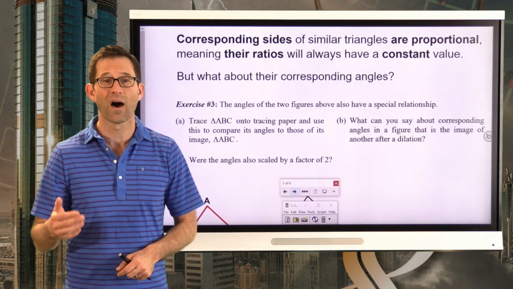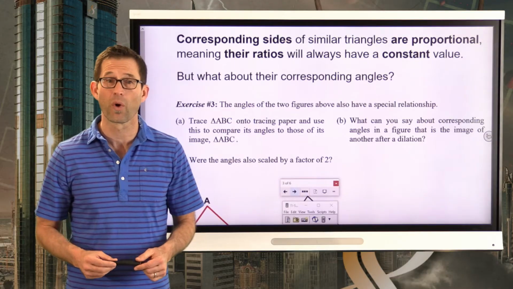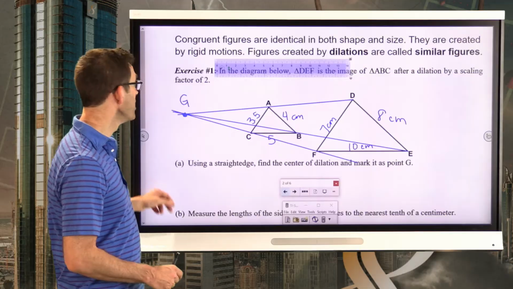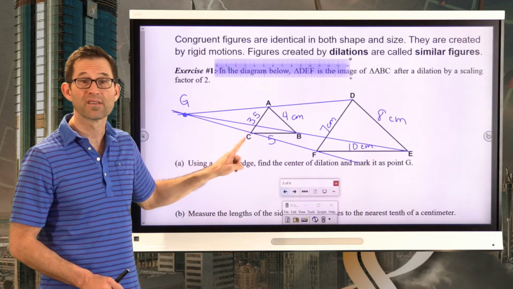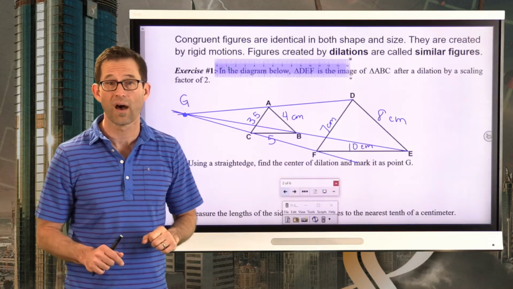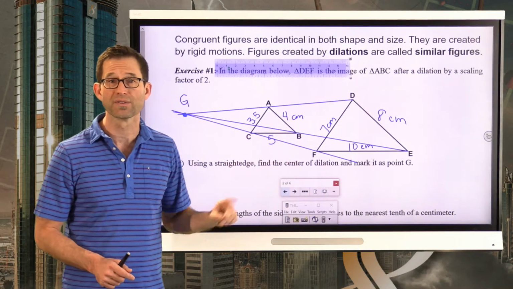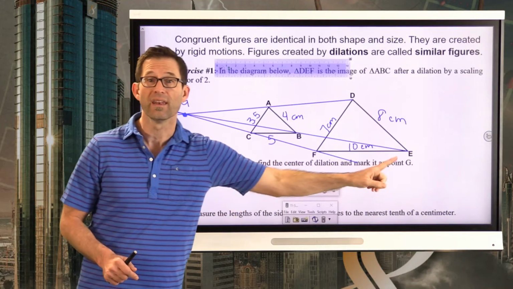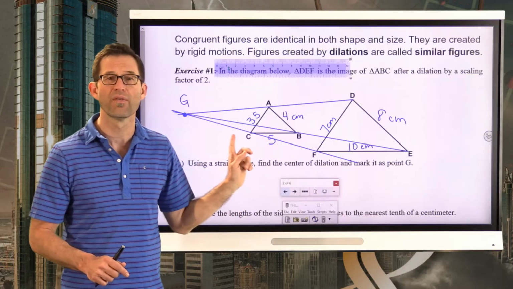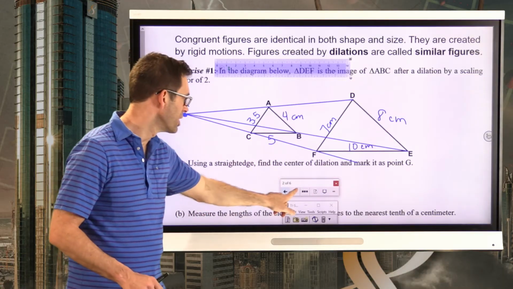Corresponding sides mean sides that are in the same place on two different triangles. So if I go back to the previous exercise, side AC and side DF are corresponding sides. They're, if you will, the left side of both of these triangles. BC and EF are corresponding sides because they're both the sides at the bottom of the triangle. And we could keep going on.